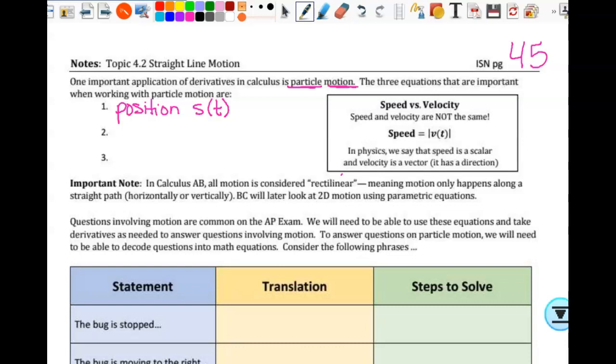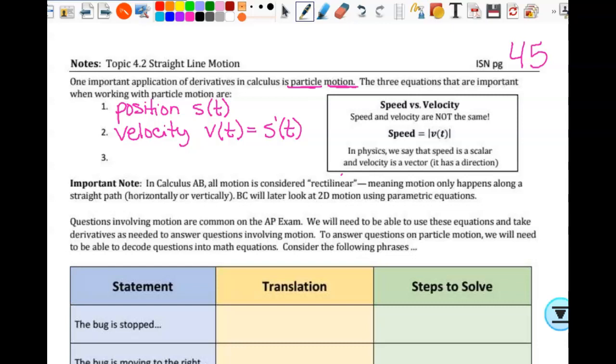Then position, what comes after position? Anybody know? Velocity. Velocity, okay, which we can represent as V of t, and when we do, that is the exact same thing as S prime of t. So velocity is the derivative of position.